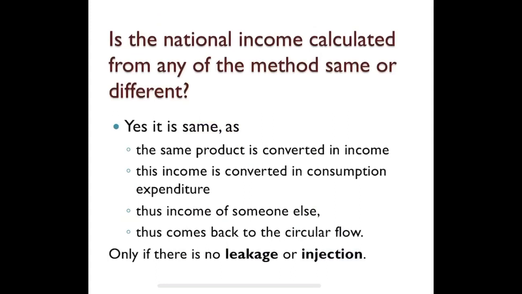Leakage is that you are taking something out from the circular flow of income, that is generally savings. Injection is when you are putting some extra money into the circular flow of income. So leakage and injection are important aspects of the circular flow of income.